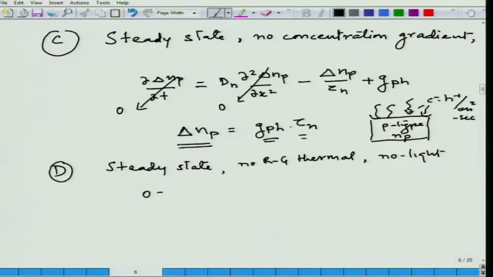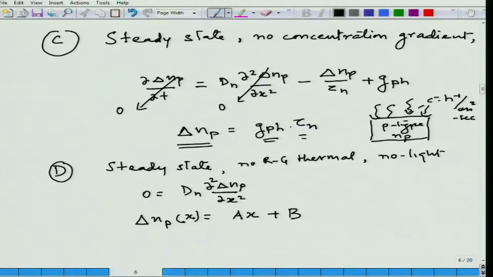I am only left with the equation which is the second derivative of the excess carrier concentration. Now, the solution for such an equation is very simple. The excess carrier concentration in x will be given by some constant times x plus b.